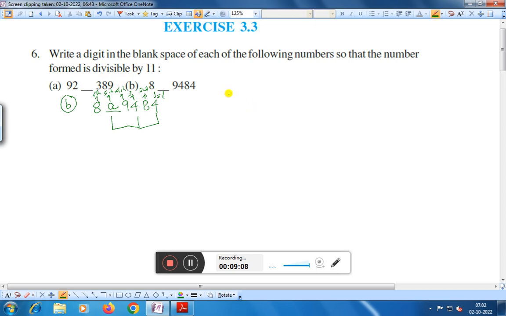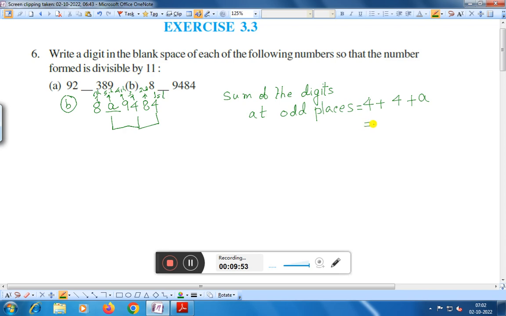Therefore sum of the digits at odd places is equal to 4 plus 4 plus a.